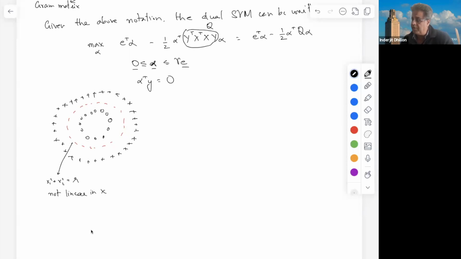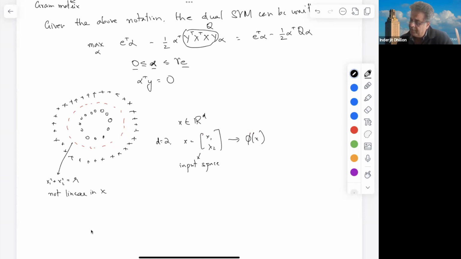So here is the trick that one can do. Suppose you have x in R^D, so D dimensions. In particular, D equals 2, and we can look at x equal to (x1, x2). Let me call this the input space. What I can do is take this and map it to a nonlinear feature space.